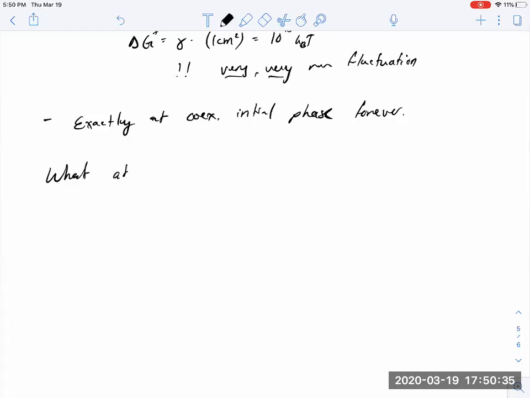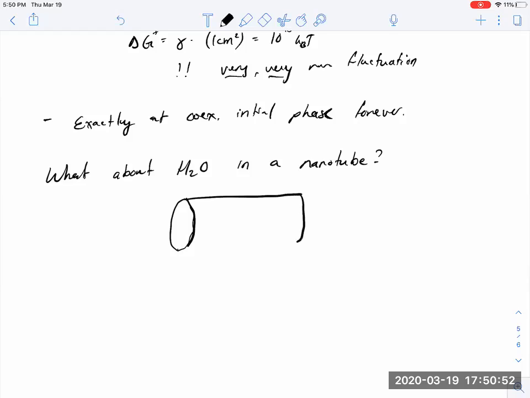What if we tried to nucleate a liquid, say H2O, in a nanotube, a very, very small test tube, a very small beaker?